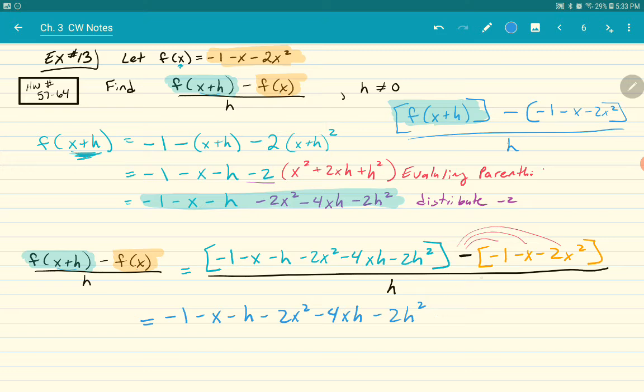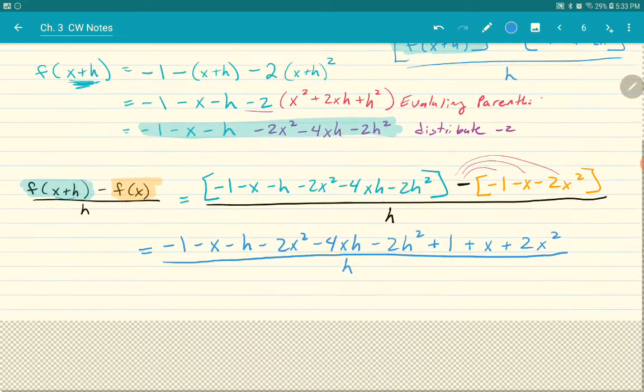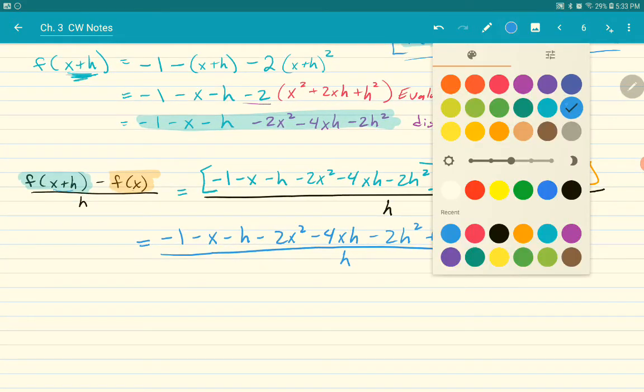Negative times a -1 is a +1. Negative times negative x is positive x. And negative times -2x squared gives me a positive 2x squared, all over h. All right, let's see if we can combine some like terms here.